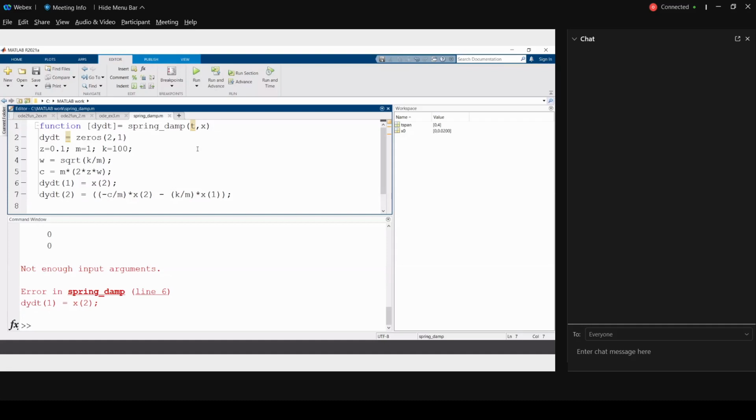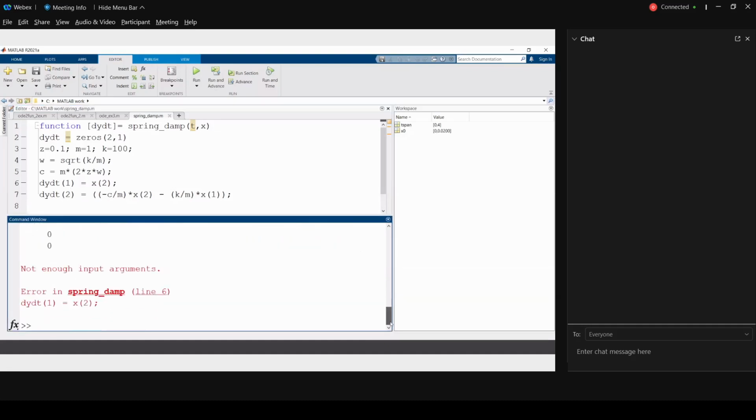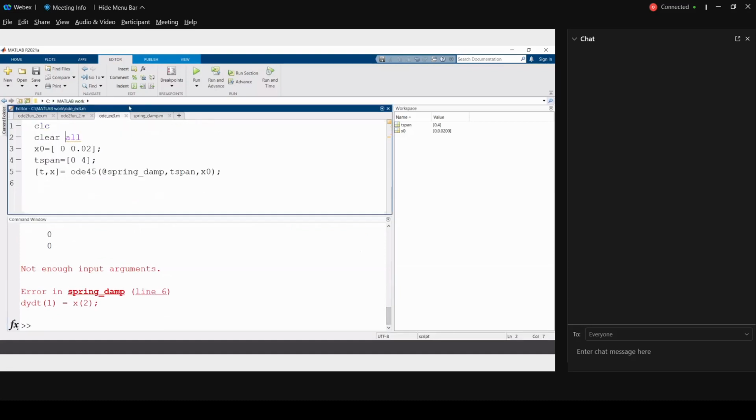No. You need to run your script file, Sharmani, not the function file. Correct? Run it. How come it will give error? It will not give error. You got the solution here. Look at this.